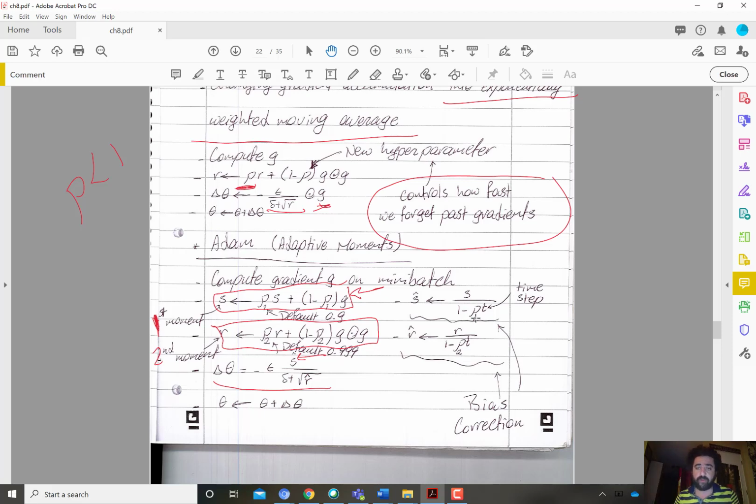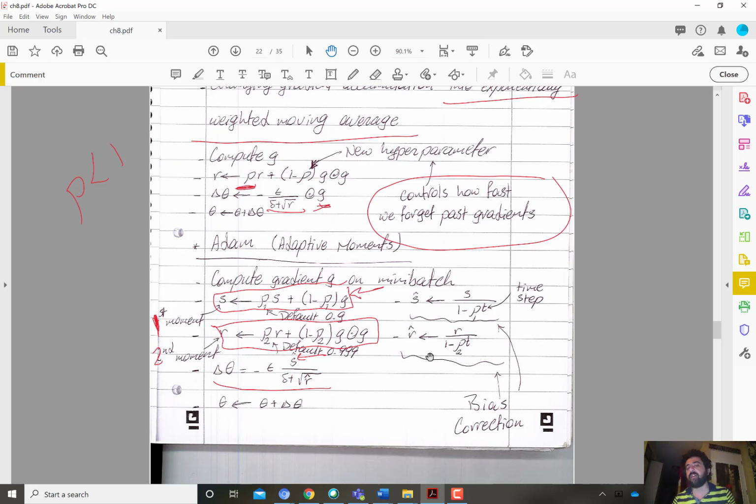And if you think of it as t increases, because rho is less than 1, rho 1 to the t becomes very small, and this correction step becomes negligible. And the same thing for the correction step for R, right? So this really takes effect only in the first few training iterations, right?